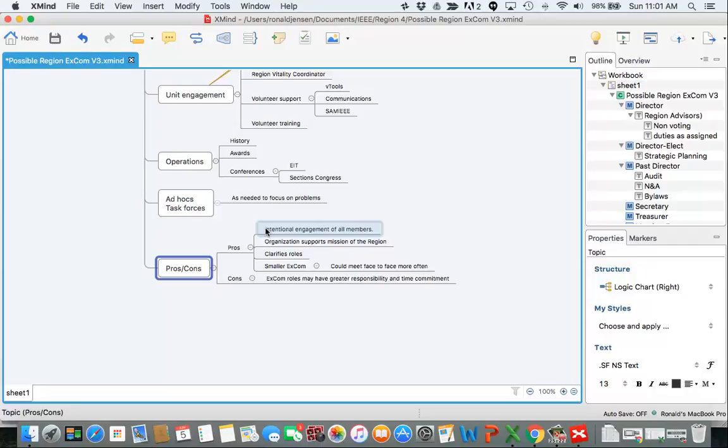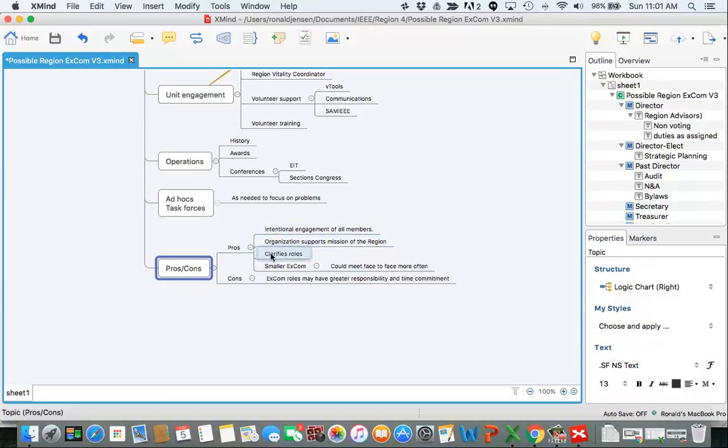The organization supports the mission of the region, and I think this does very directly. I tend to use the word intentionally. I like that word because it means that we're putting specific actions in place to make it happen.